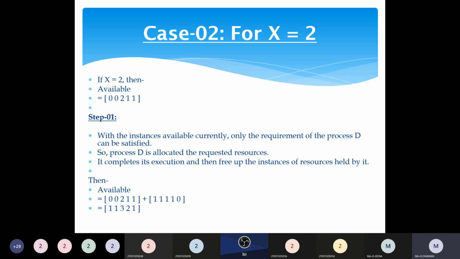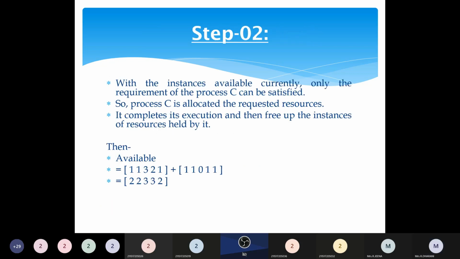Then the availability is 0, 0, 2, 1, 1 plus already allocated 1, 1, 1, 1, 0. So finally the availability is 1, 1, 3, 2, 1. So we have taken different cases by choosing different values for X. The final minimum value we have taken for X is 2, and with that the system remains in a safe state.